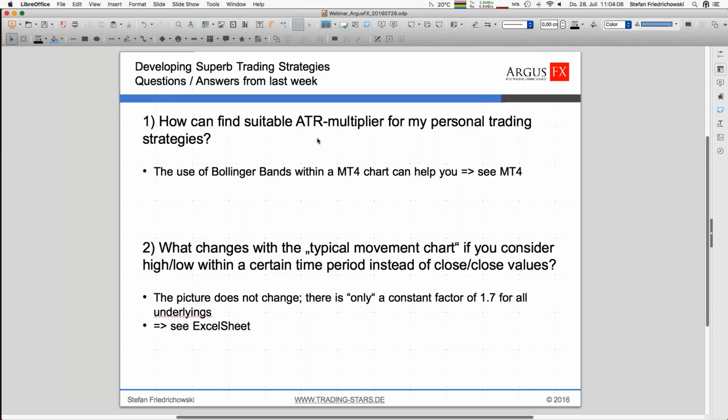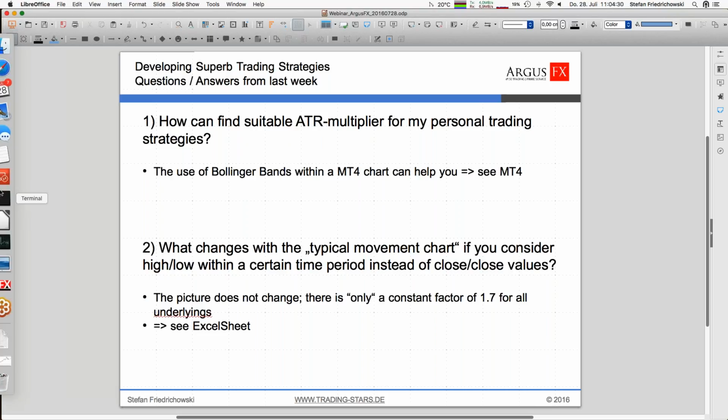Of course, since I don't know the exact details of that strategy, I cannot give a specific answer in terms of it should be 1.3, and that will be the best parameter. But I can show you how you, for your own strategies, might get a suitable number for that ATR multiplier.